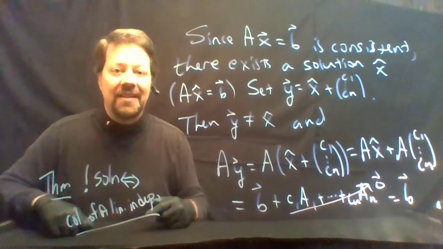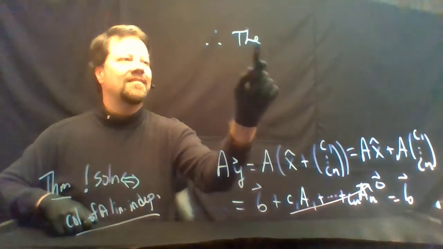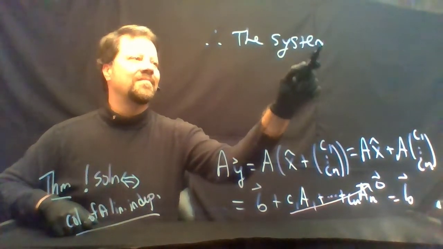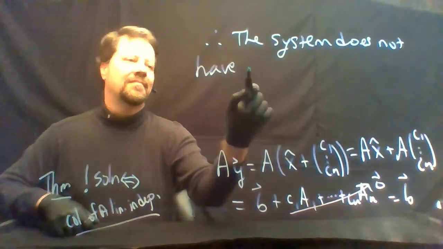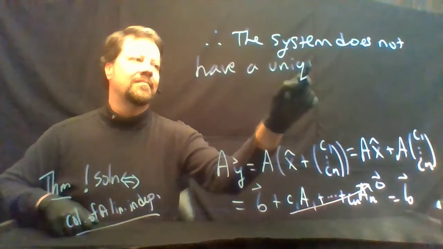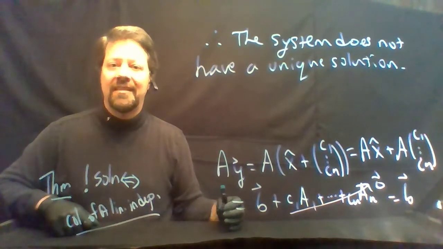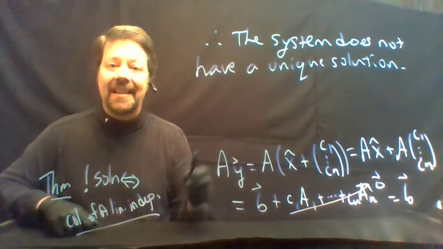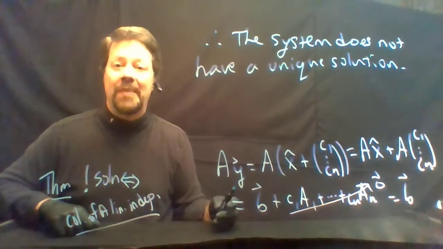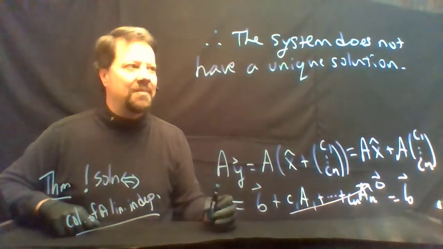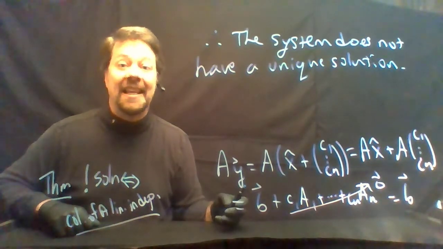That means that the system does not have a unique solution. So our assumption that the columns of A were linearly dependent implied that the system does not have a unique solution. By contrapositive, if the system has a unique solution, then the columns of A must be linearly independent.